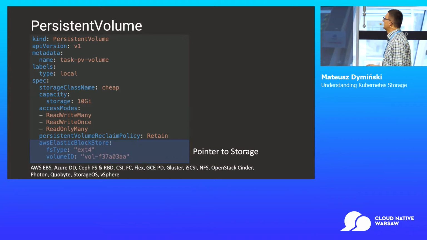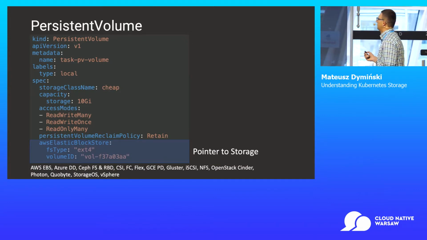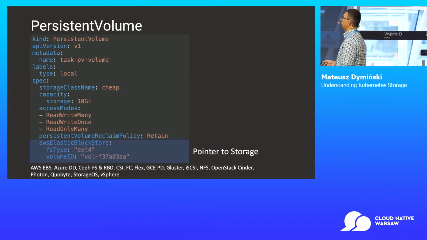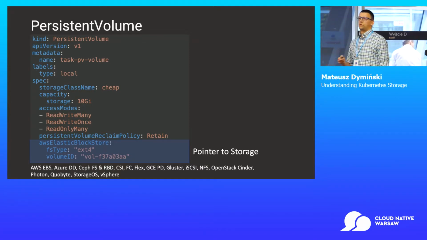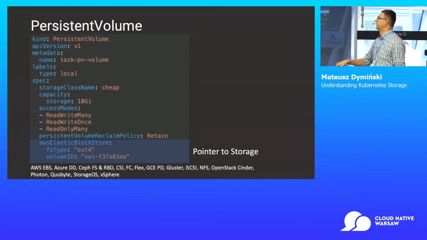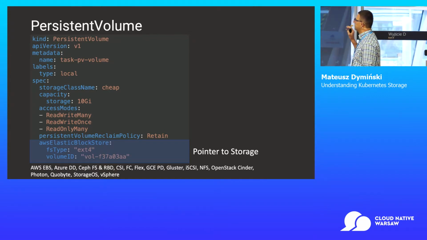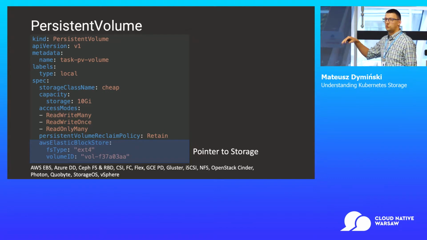And then at the very end there is a pointer to storage. So here is a description of how to order this particular storage inside our cloud provider. Here is AWS Elastic Block Storage, EBS, same stuff as it was in the pod, but now it's inside the persistent volume, not inside the pod.